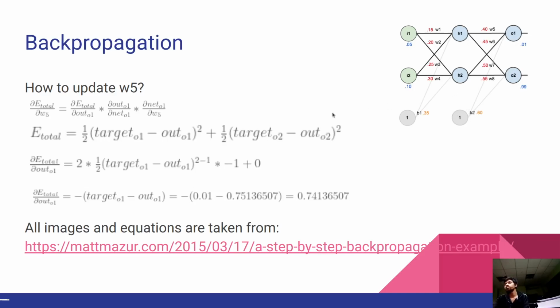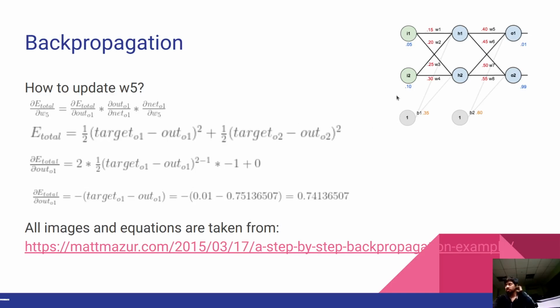And out O1 means after performing the activation. After calculating this, we take the derivative with respect to that also, and then we get the partial derivative of net O1 with respect to W5.